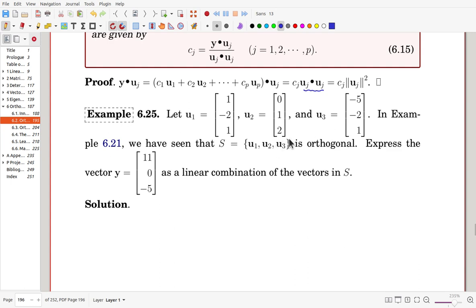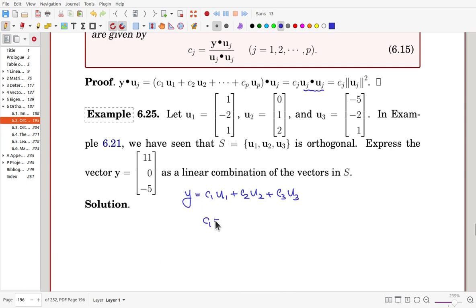Now we express the vector y as a linear combination of vectors in S. S is the orthogonal set, and we try to express y equals C1 U1 plus C2 U2 plus C3 U3. Using the formula, we can find the weights quite easily.